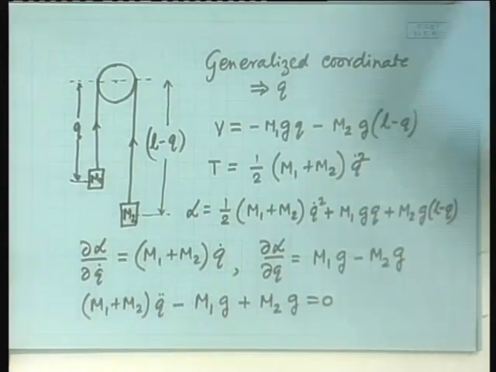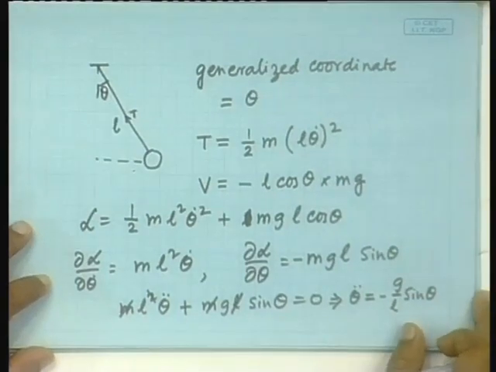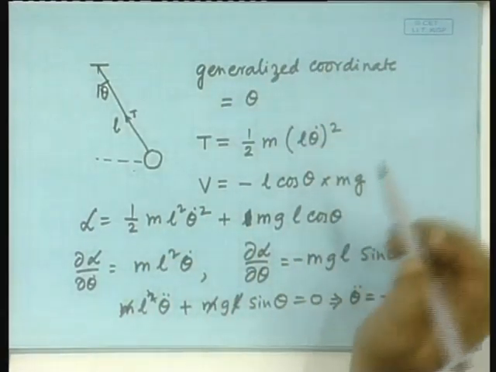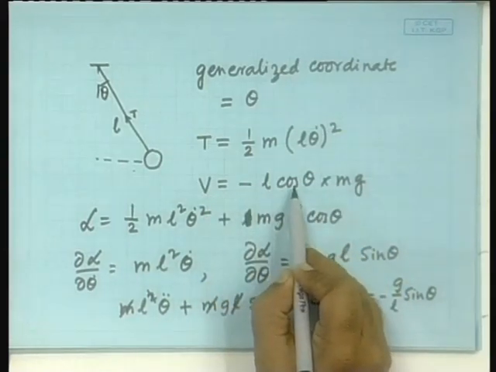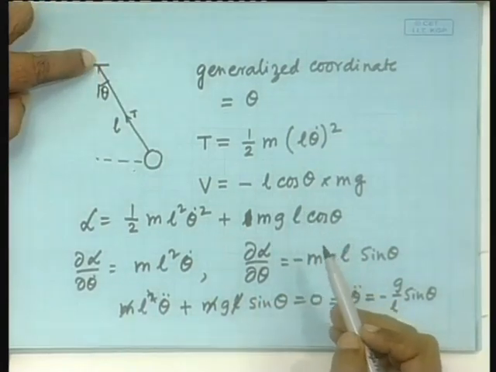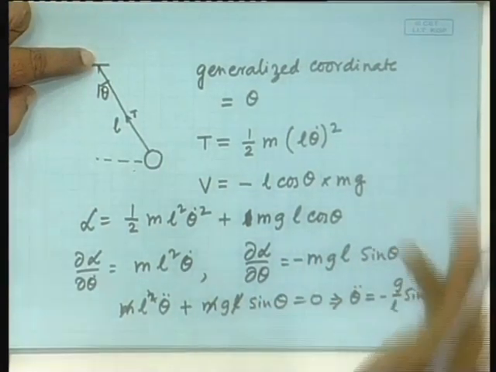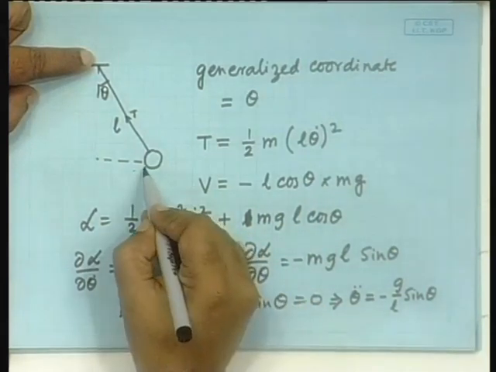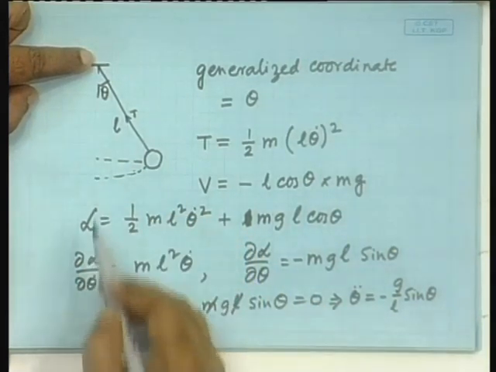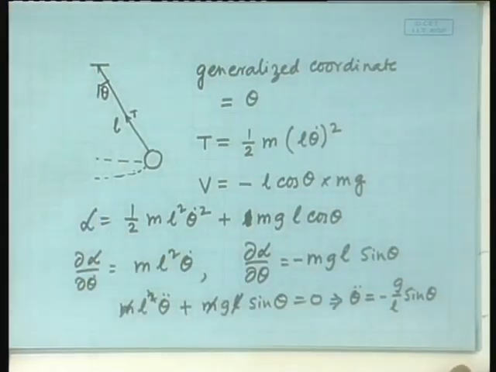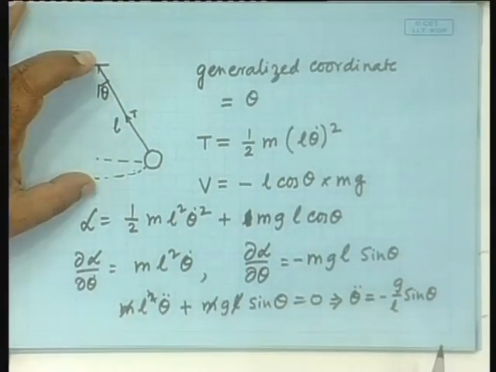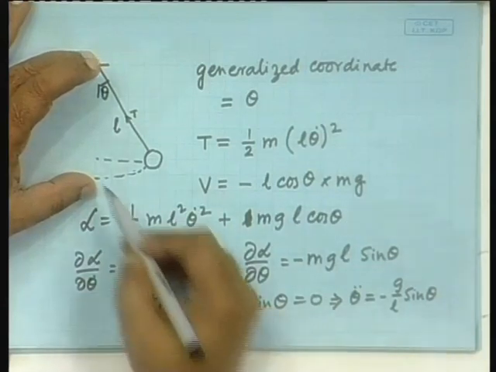Okay, one thing might be worth mentioning, that in the last problem that we solved, the simple pendulum, we had written the potential as minus mgl cos theta, taking this point as the datum. Suppose some of you say, no, I do not want to take that as the datum. After all, this fellow comes here, that is the minimum position, I will take that as the datum and measure from there. Yes, you can do that. In that case, this total length is L, and how much is the elevation?